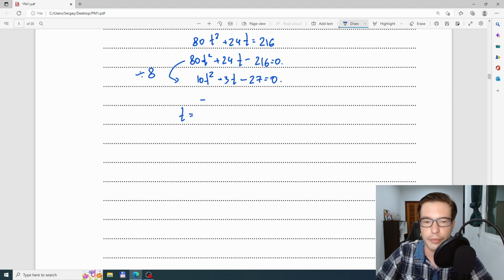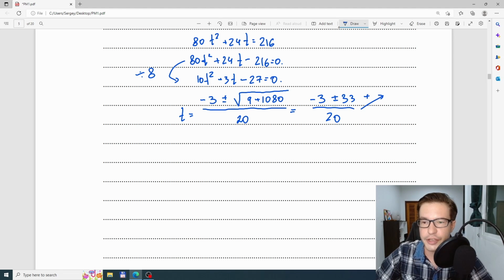So t is going to be minus 3 plus or minus the square root of 9 minus 4ac, that's going to be 1080, divided by 2a, which is 20. So we've got minus 3 plus or minus 33, divided by 20.